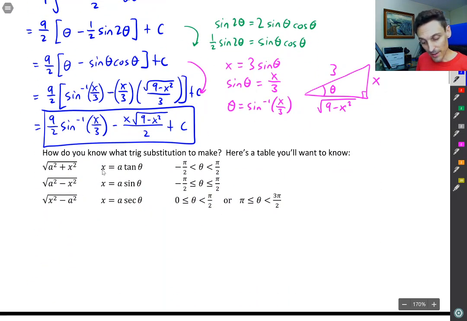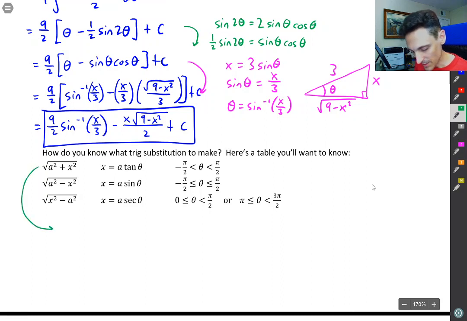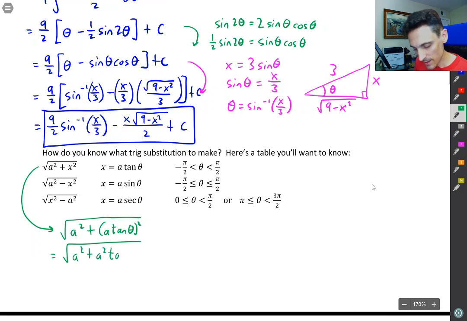So it's a similar kind of thing happening for these other ones. I just want to give you one little example of that. So right here for the tangent, you can see it collapsing. If we have the expression the square root of a squared plus x squared, and we replace the x with a tangent theta, then this will turn into a squared plus a tangent theta quantity squared, which is the square root of a squared plus a squared tangent squared theta.